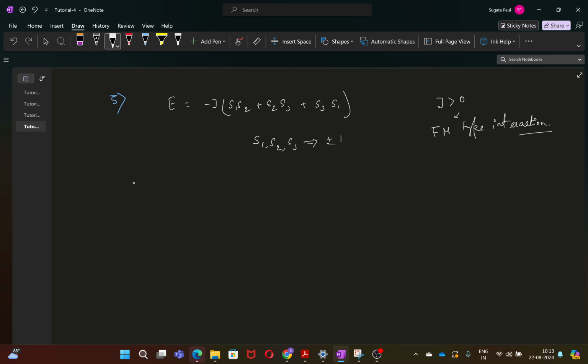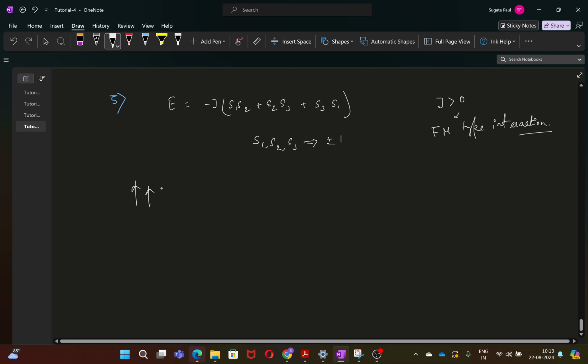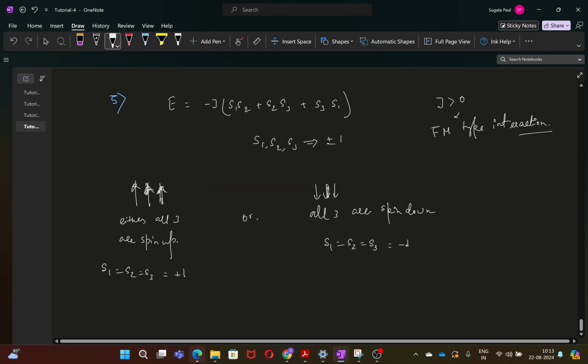All three spins S1, S2, and S3 are parallel, either all spin up, which means S1 equal to S2 equal to S3 equal to plus 1, or all spin down, which means S1 equal to S2 equal to S3 equal to minus 1.